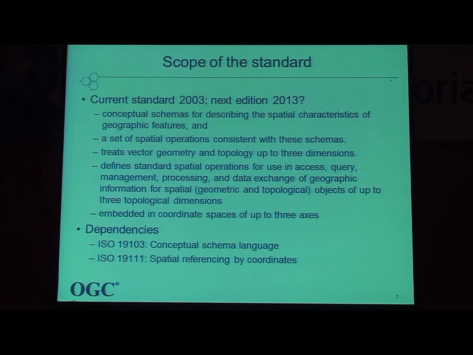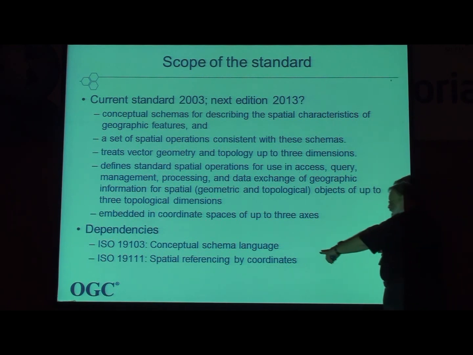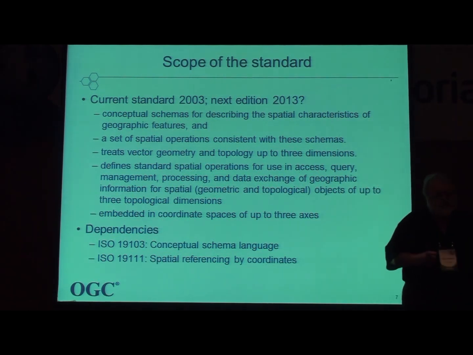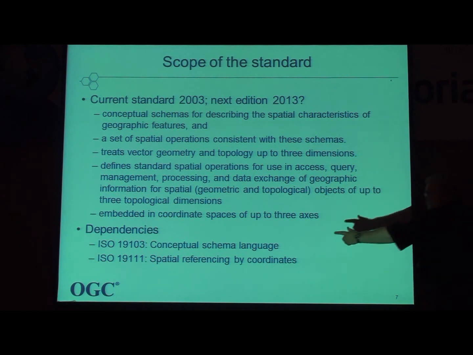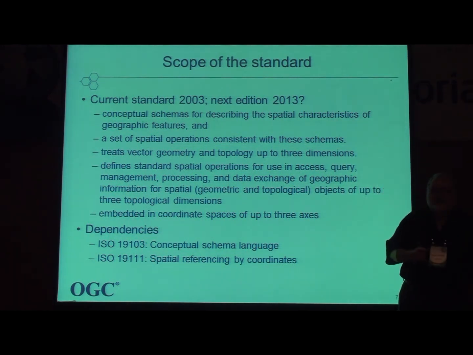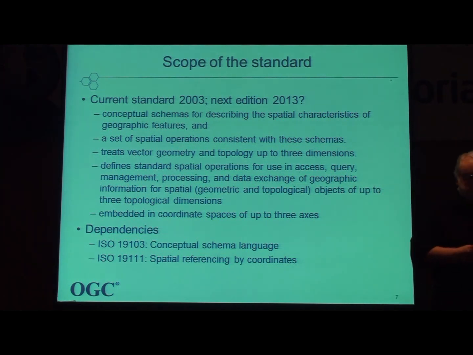In 19111, here's where the problem came in. Everybody heard of EPSG? European Petroleum Survey Group, petroleum engineers. They basically have the best library of coordinate reference systems. They put together this lovely 19111 spatial referencing by coordinates, which tells us how all these coordinates are associated to points on datums. Great. What they didn't do, and what we sort of expected to happen, was we expected 19111 to talk about the underlying surface.